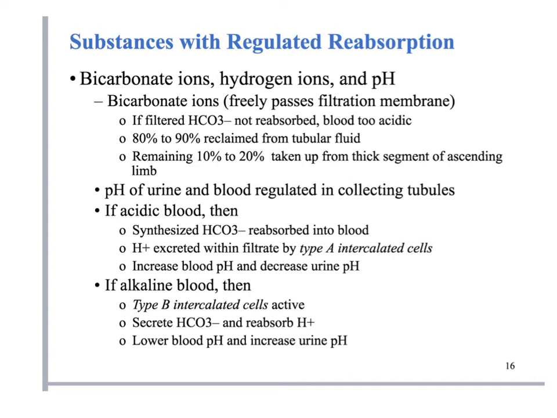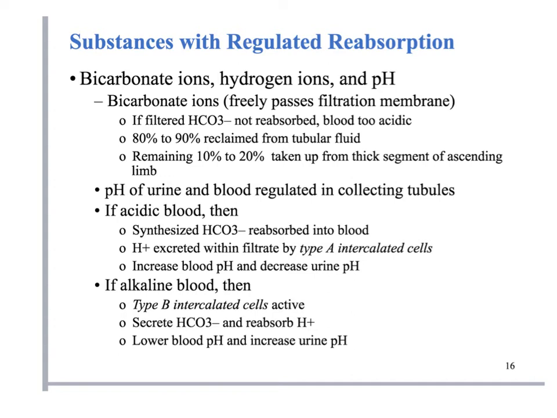So we're going to reabsorb bicarbonate ions, and at the same time, when I take up more bicarbonate ions, I'm actually getting rid of more hydrogen ions. So the urine that's being expelled will be acidic, below normal, below pH 6, but it will help to increase blood pH, because that's more important than whether or not I have acidic urine.